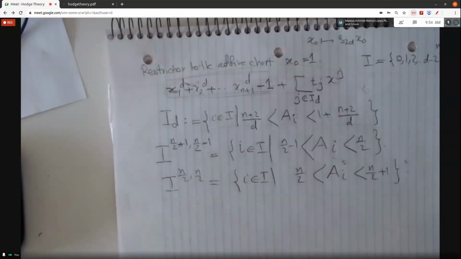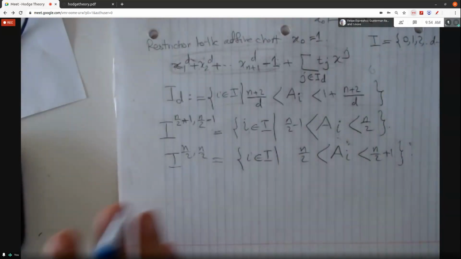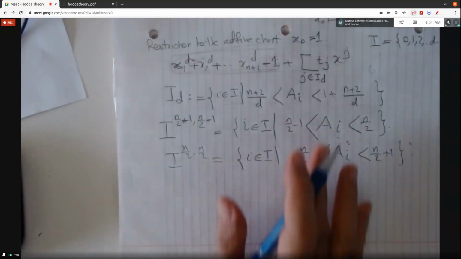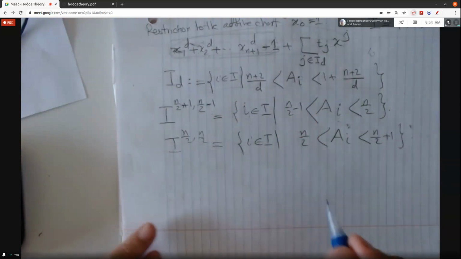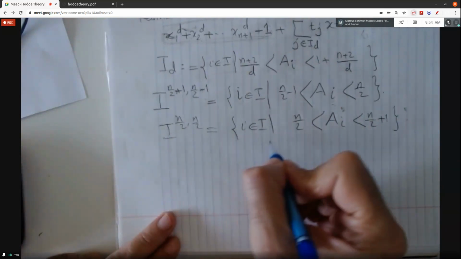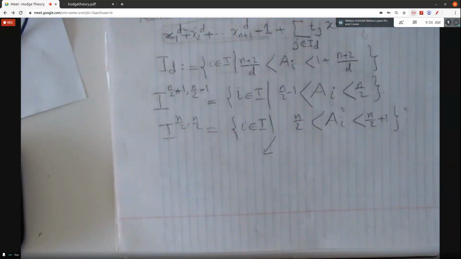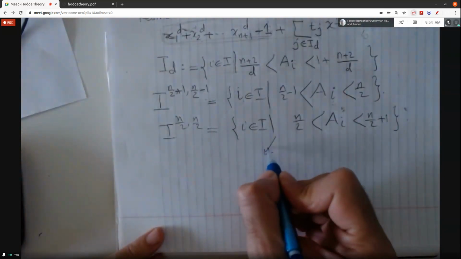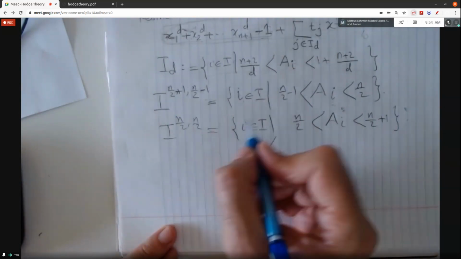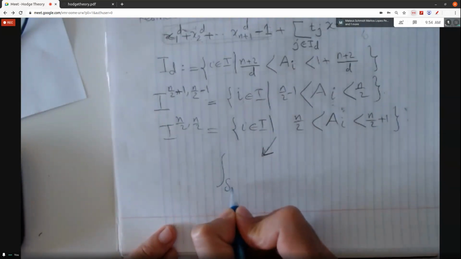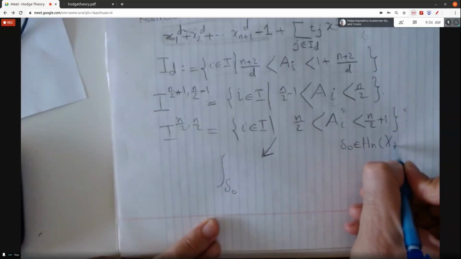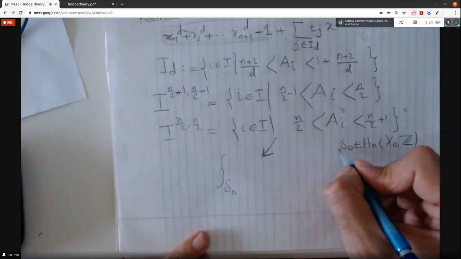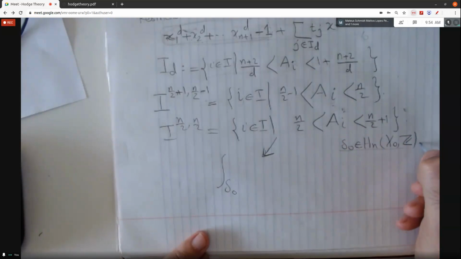Okay, maybe I introduce the main theorem that I want to prove next time, and then we finish. So remember that this one. So let's take this delta in H^n(X_0, Z) Hodge, and let's assume that it is supported in the affine part, so we call it primitive.